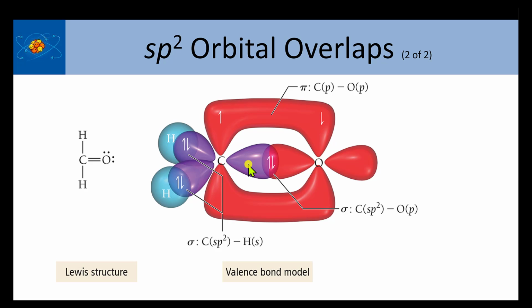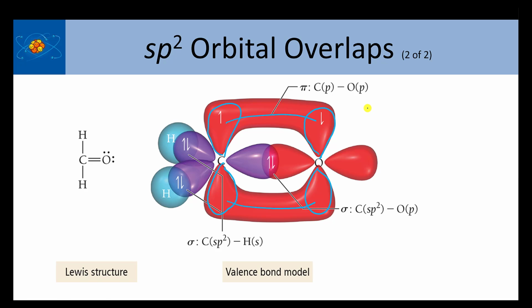Remember, there's 3 of these that we made, forming a sigma bond with a p orbital on the oxygen, so that's this guy here. And then there's an unhybridized p orbital sticking out like this, and like this, and like this, and like this on those 2 atoms, and that forms the pi bond between the 2, and that creates what's called a double bond.